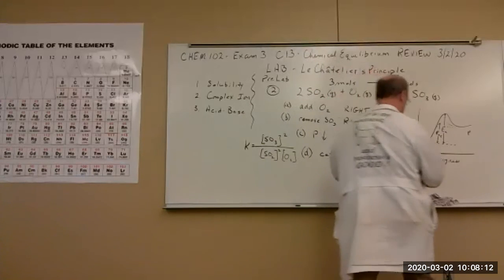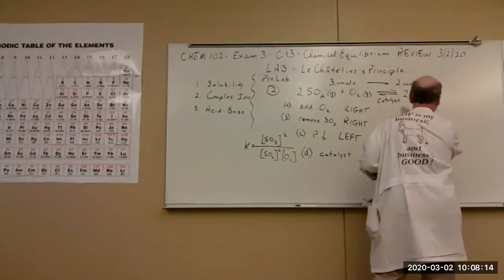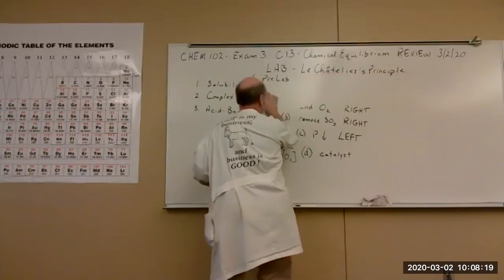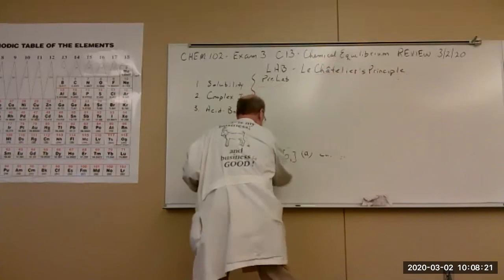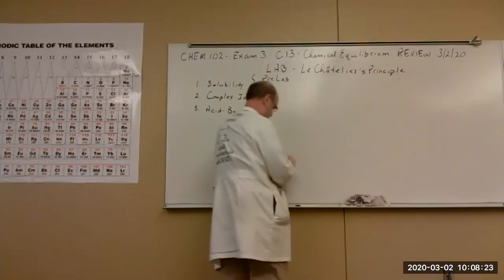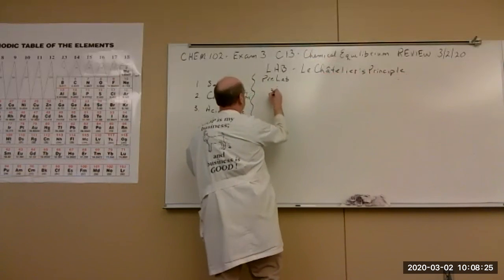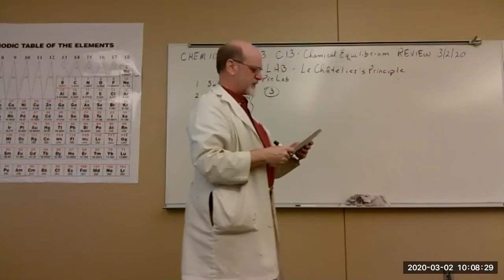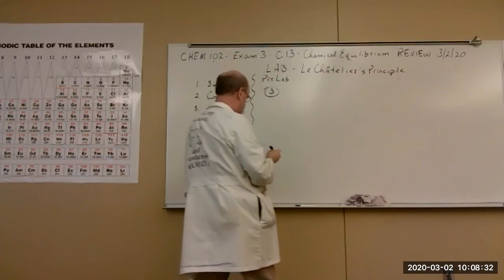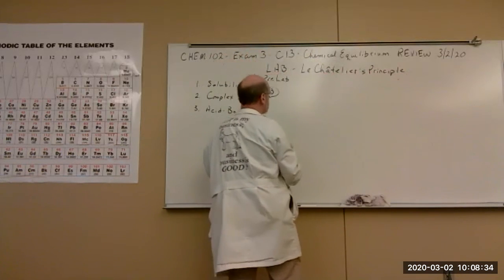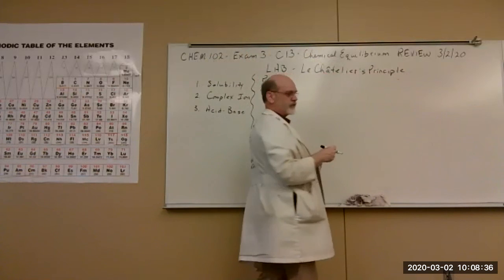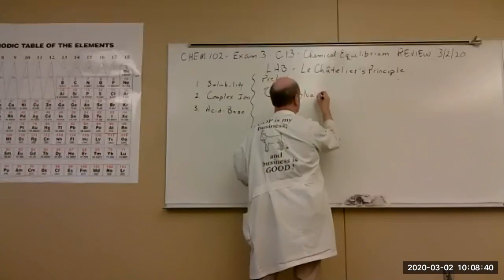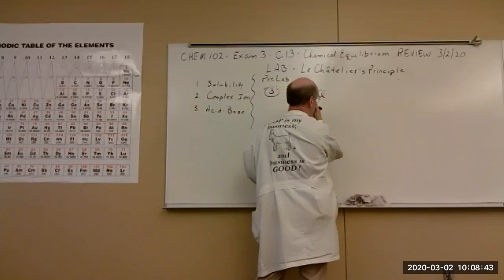So let's look at number 3. Explain why the solubility of a sparingly soluble salt represents an equilibrium system. Okay, let's say we have a salt. We'll just use the one that we're going to play with today, sodium chloride.